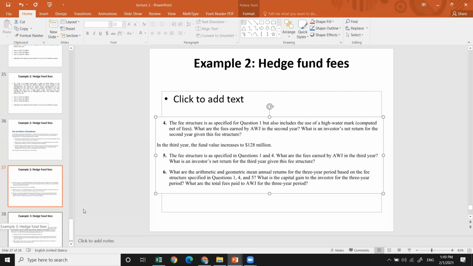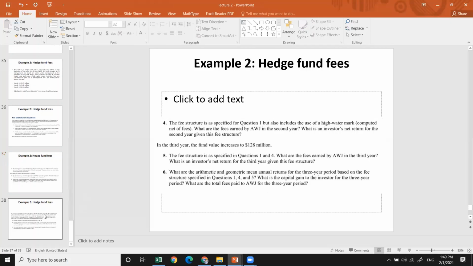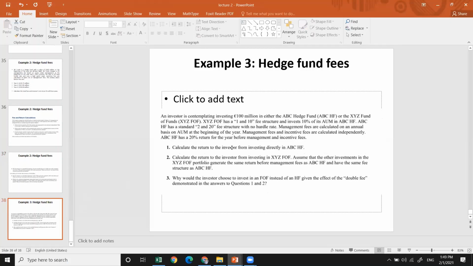Okay, if you don't have any questions, this question will be given to you as a homework. Please try to do it now if you can. Let me just read it in case there are any tricky moments.